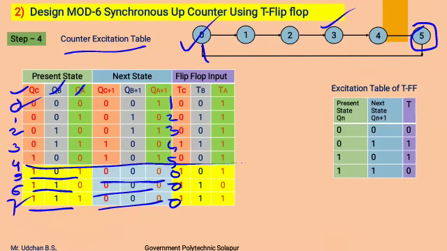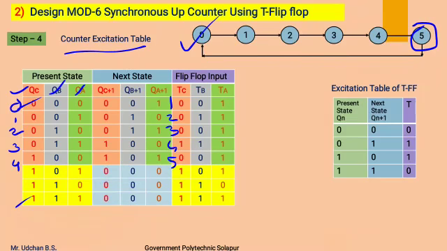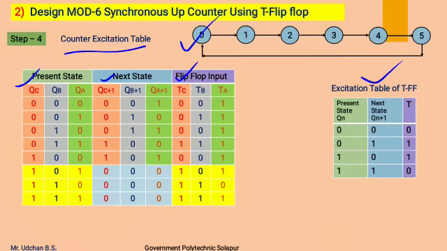From this again we have to write the values of TC, TB and TA by using this excitation table. For TC we have to compare QC and QC plus 1. For TB we have to compare QB and QB plus 1. For TA we have to compare QA and QA plus 1. Only we have to take care that our excitation table, in which a next state column is there, should not consist of the next state after 5.